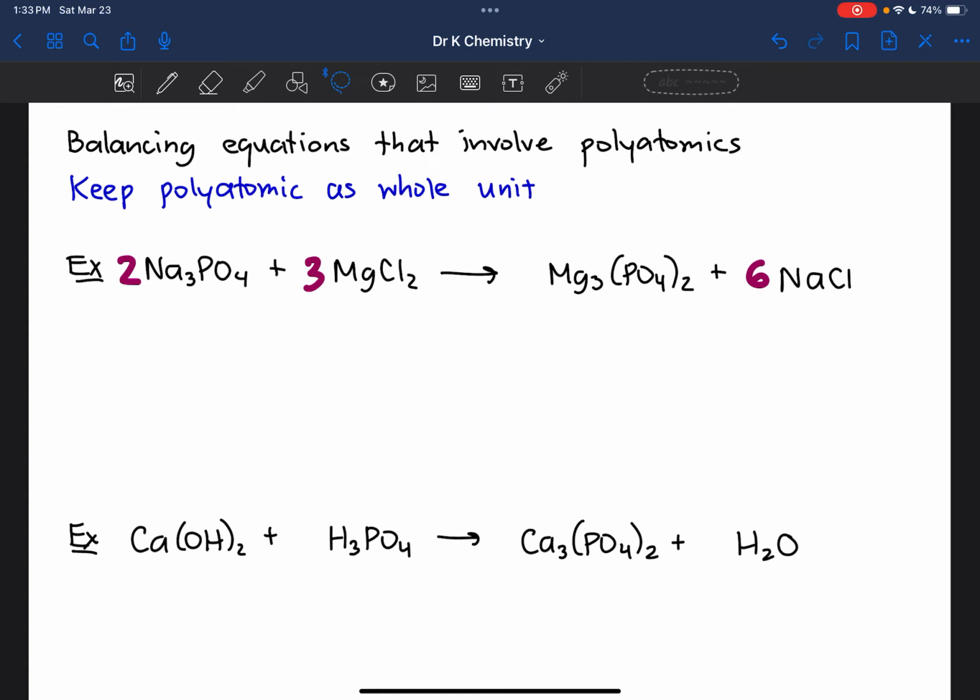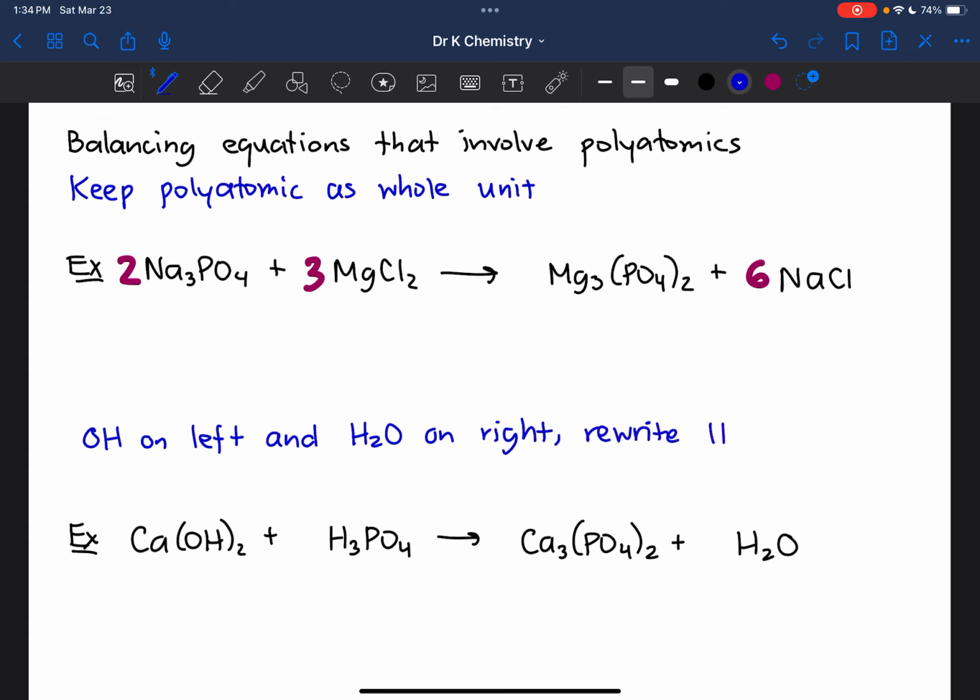Whenever you get into a scenario where you have an OH on the left and water on the right, rewrite water as HOH because it will make the balancing a lot easier. So notice you have a hydroxide on the left and H2O on the right.